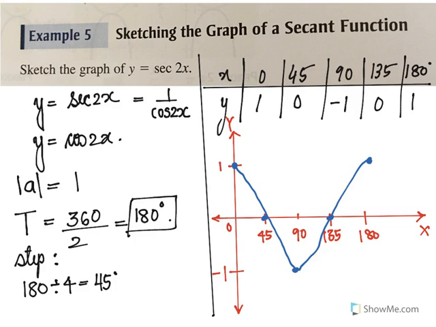That means whenever cosine is 0, I will have a vertical asymptote. And right now, I can observe that at these 2 points, it is 0. So I've got to make a vertical asymptote at these 2 points.